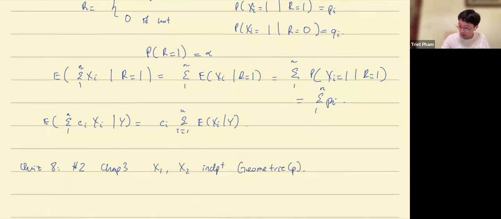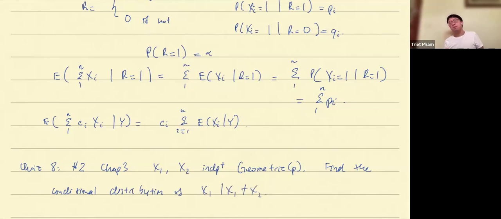Find the conditional distribution of x1 conditioned on x1 plus x2. Again, I will drop the equal to m. We can fill it in when we do the calculation.